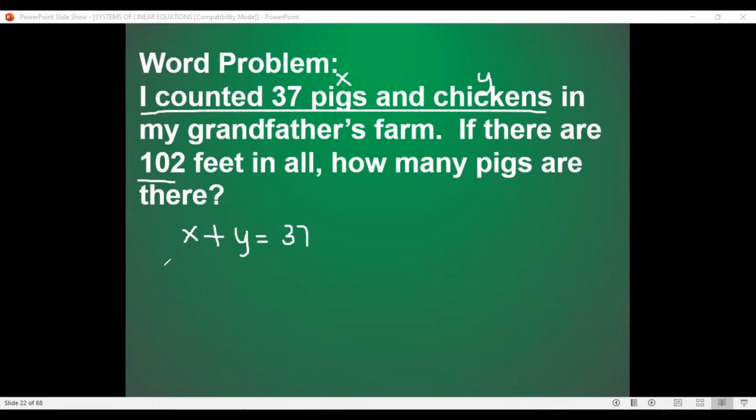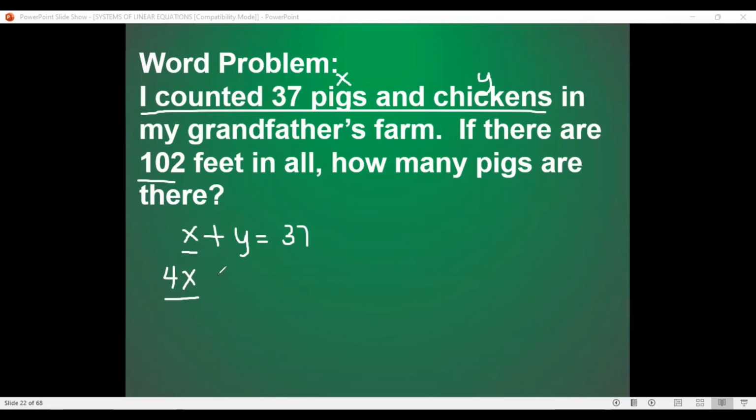Okay, but we need to multiply that because a pig has 4 legs. So therefore, we can now have 4x for that one as the representation. Again, the x represents the number of pigs and the 4x represents the number of feet for that number of pigs that we have.